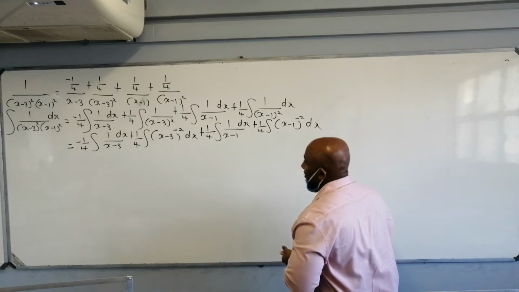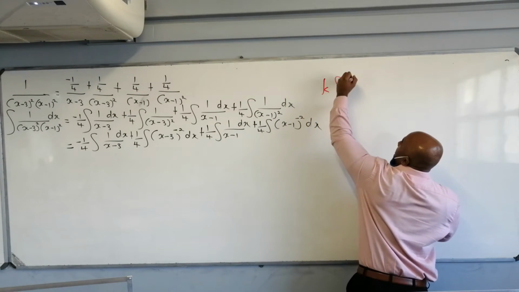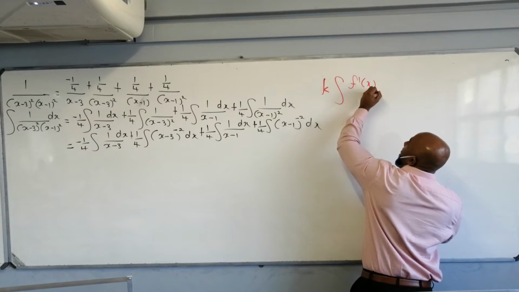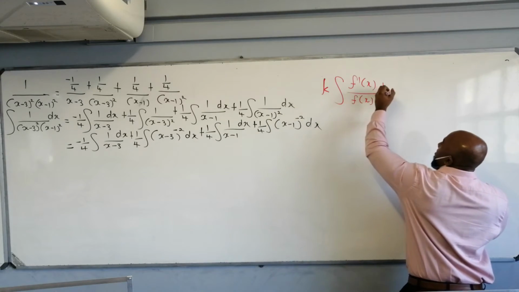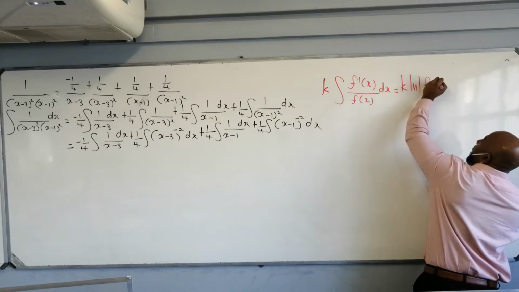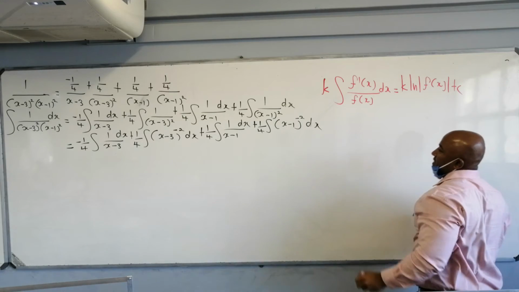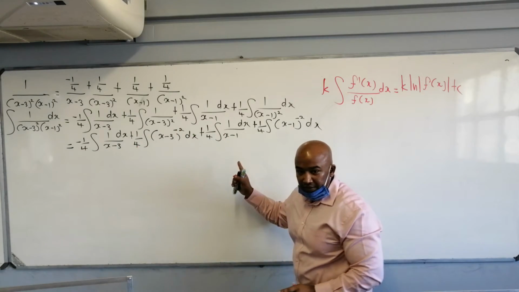Okay, so we are dealing with these two types here. F prime x all divided by f of x dx is going to equal k ln absolute value of f of x plus c. This applies to term 1, term 3.